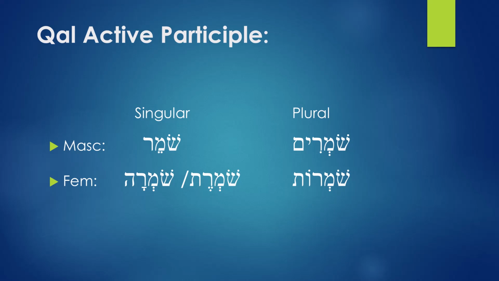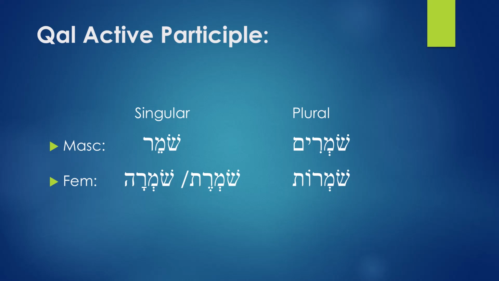In the plural, it's going to be shomrim. The translation is still the same, keeping. Just the number has changed. And feminine singular is going to be shomeret or shomra. The most common one is shomra. Shomeret is very rare to find. Most of the time you're going to find shomra, keeping.